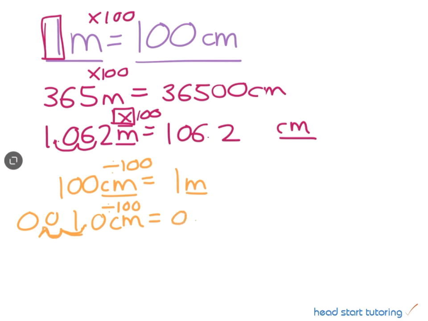So our answer is 0.01 meters. So 1 centimeter is equal to 0.01 meters. Let's have a look at another example.